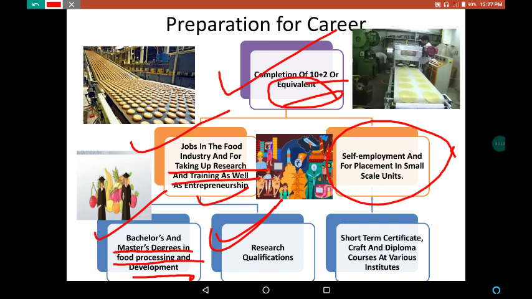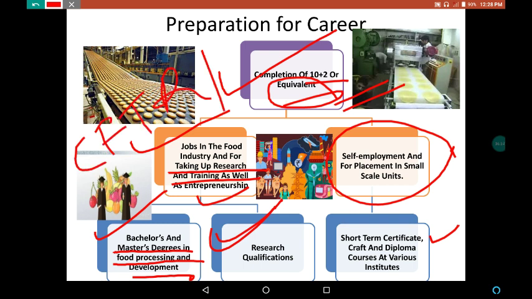If you want to be self-employed or you want placement in small scale units, then after 10 plus 2 you can do short term courses or diploma courses at various institutes. There are so many institutes for carrying out these special short term diploma programs or short term certificate programs, like CFTRI, that is Central Food Technological Research Institute.